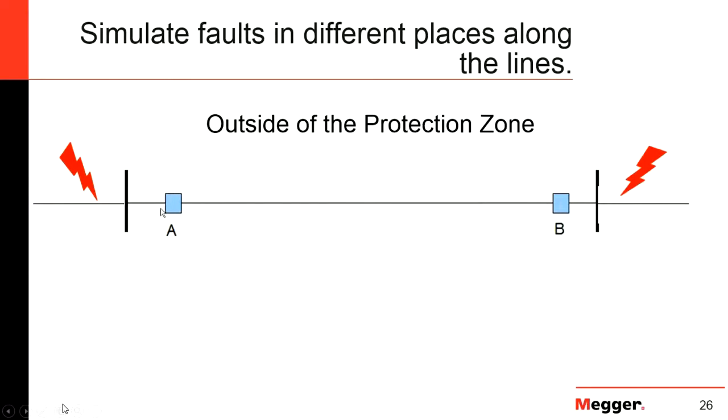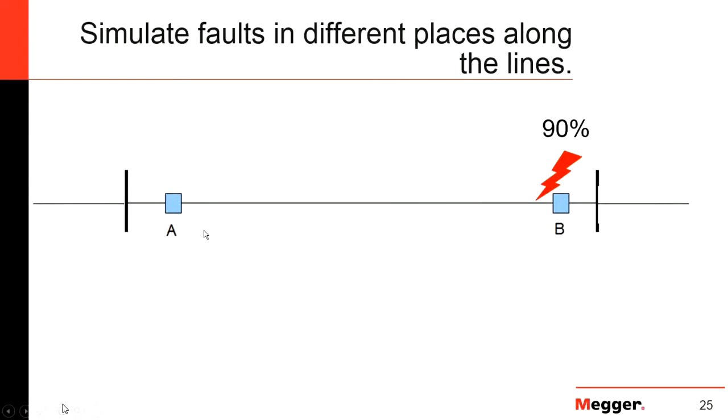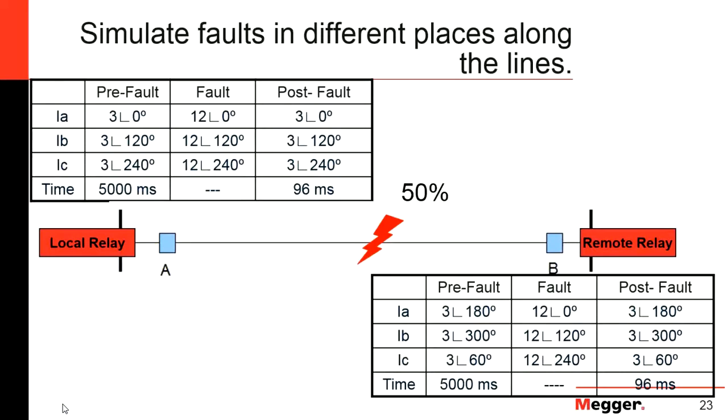But relay A doesn't have to, or maybe it has to. But the point is, you have to be creative with the types of tests that you prepare, and don't just fall into, okay, let's do a fault at 50% of the line, that's fine, and let's move on.